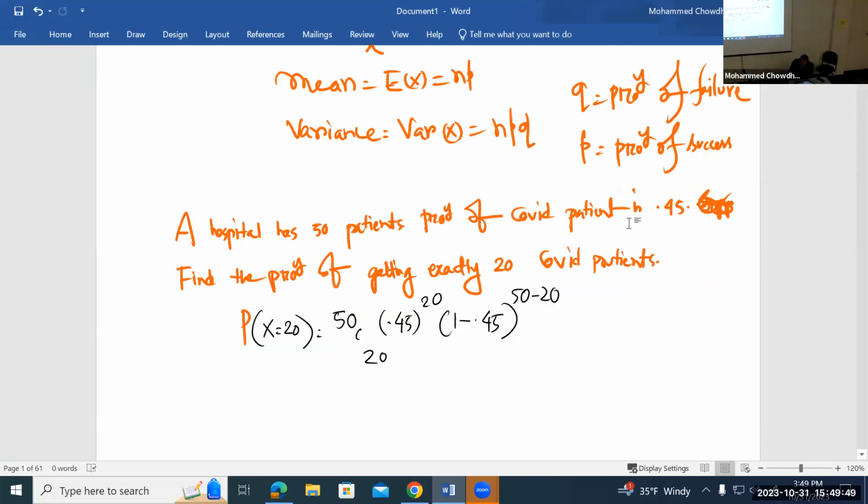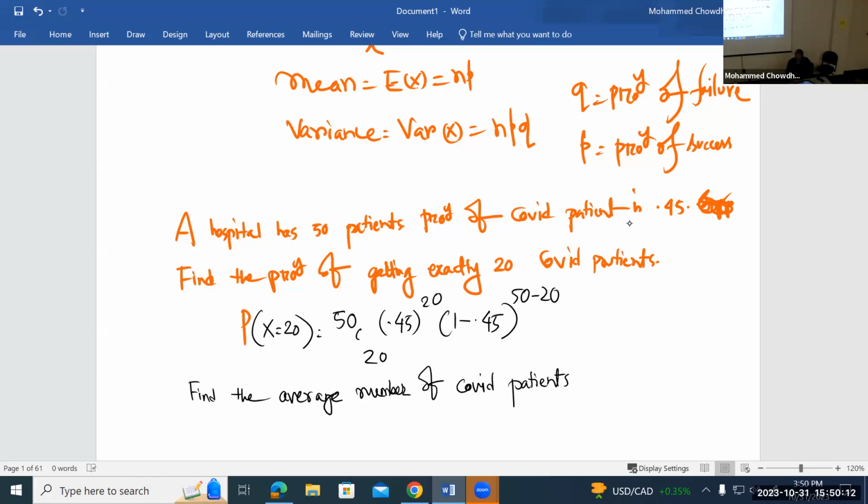Now, find the average number of COVID patients. How can you find the average number of COVID patients?